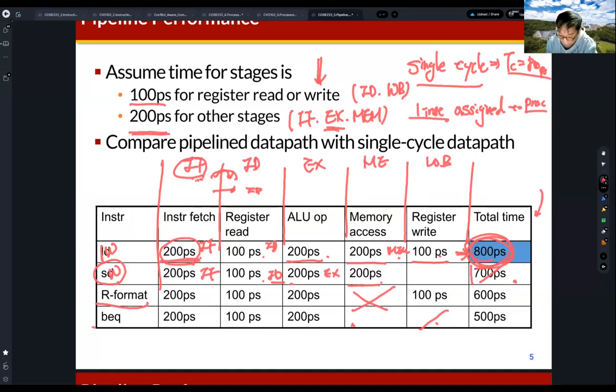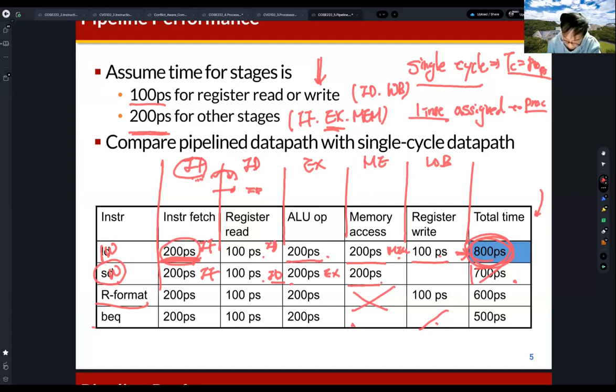It's 200 picoseconds. Which means that we can assign a new instruction to this pipeline processor every 200 picoseconds.